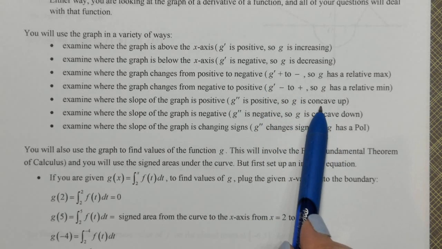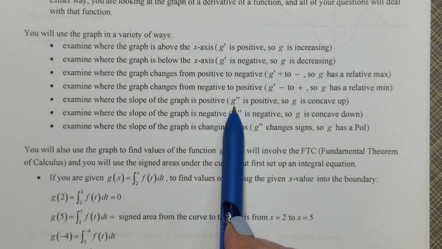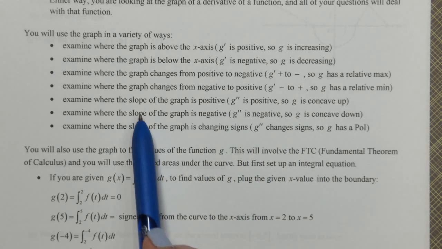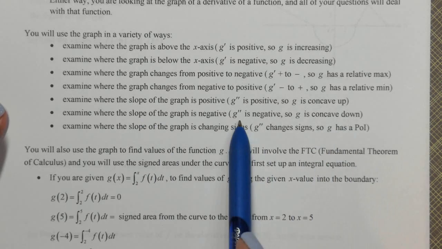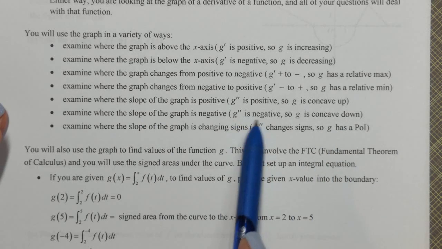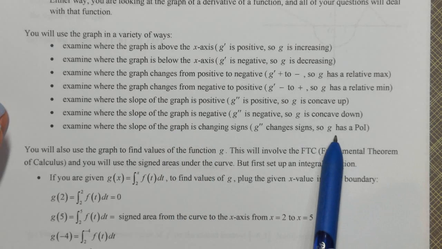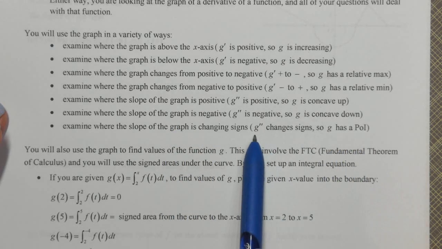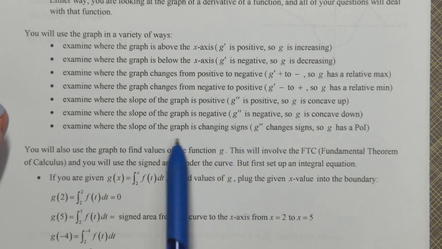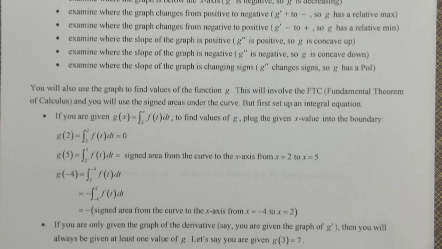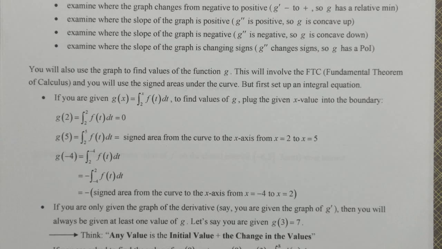G is concave up when g double prime is positive, so the slope of the graph is positive. Concave down when g double prime is negative, so the slope of the graph is negative. G has a point of inflection when g double prime changes signs, so you'll be looking for where the slope of the graph changes signs. Things like that. Just some of the questions you could be asked.